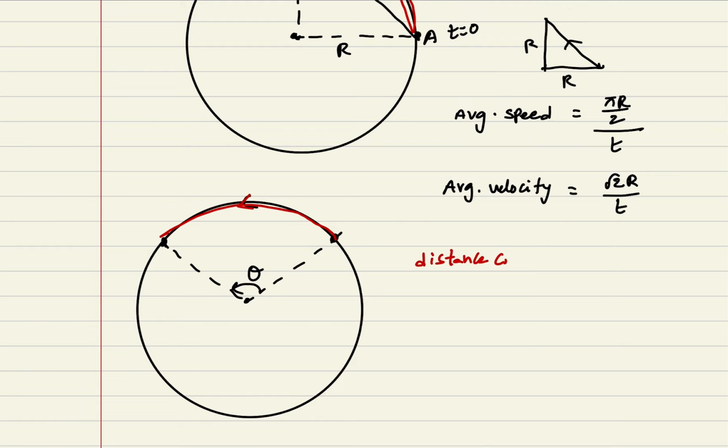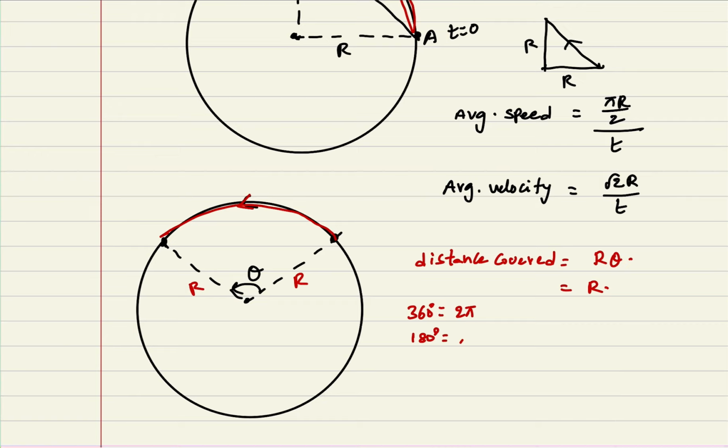With radius r, distance covered can be written as r into theta. Whatever the angle theta is, 360 degrees is equal to 2 pi radians.